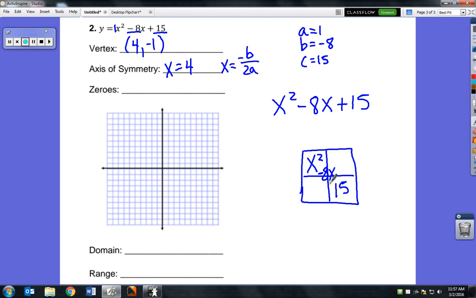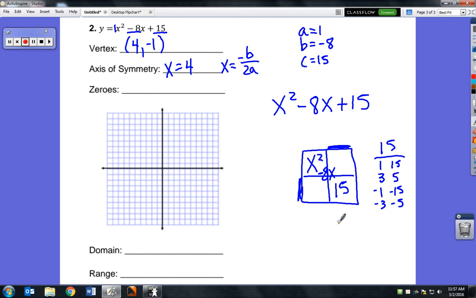Now what's special about this side length and this side length is that those two numbers need to multiply to be 15. So some numbers that multiply to be 15 are 1 and 15, 3 and 5. We can't forget that two negative numbers multiply to be a positive number. So negative 1 and negative 15 work, and negative 3 and negative 5 also work.